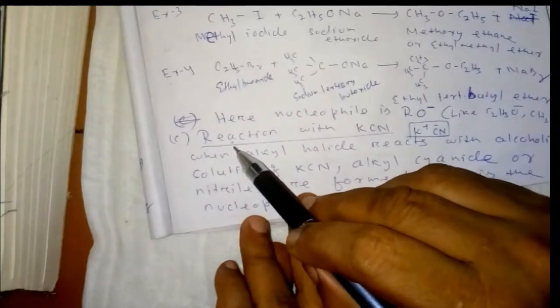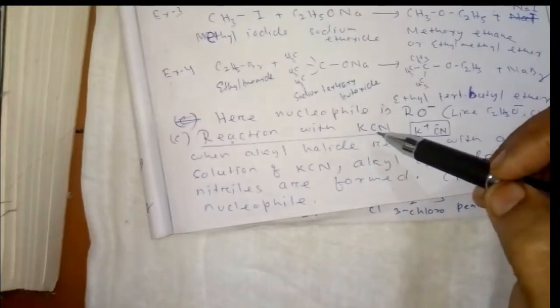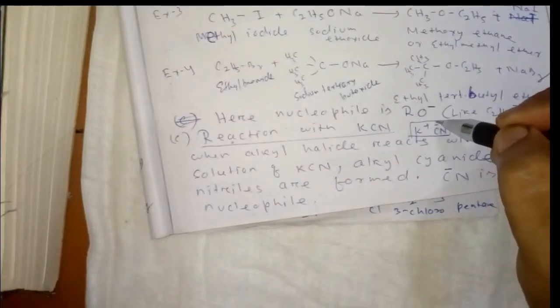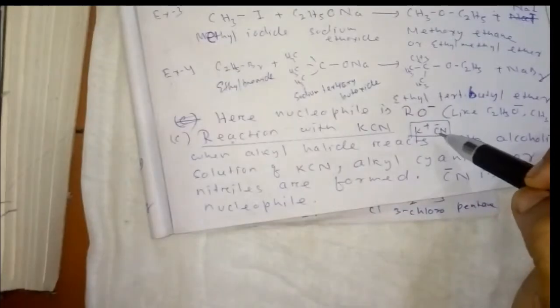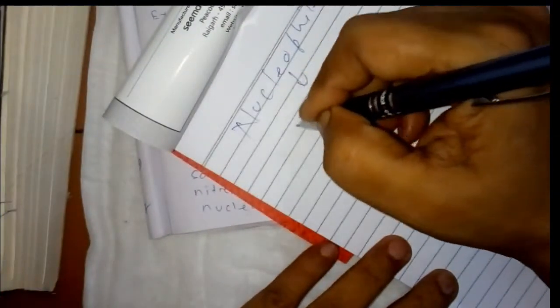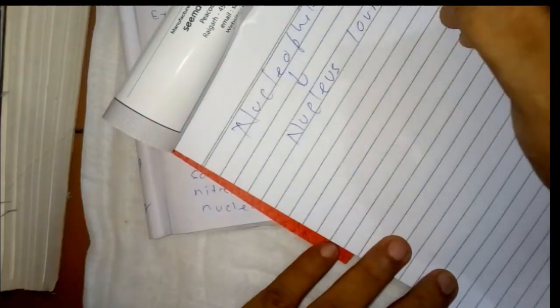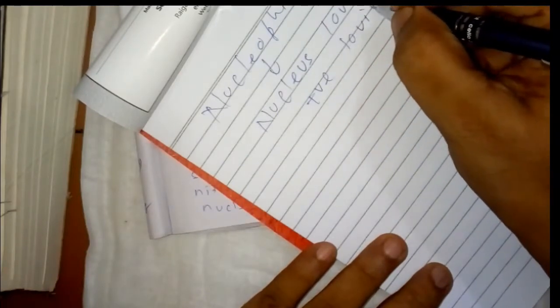Next we will go to reaction with cyanide. Potassium cyanide, K plus CN minus. CN minus is the nucleophile. Do you know what a nucleophile is? Nucleophile means nucleus loving, that is, positive loving.